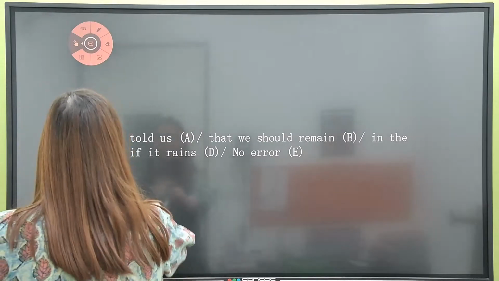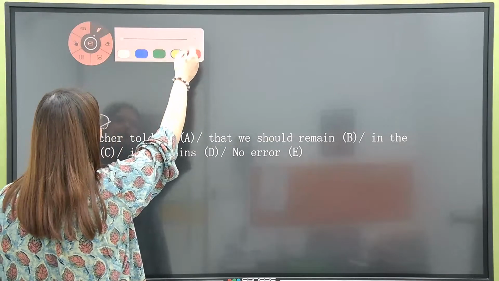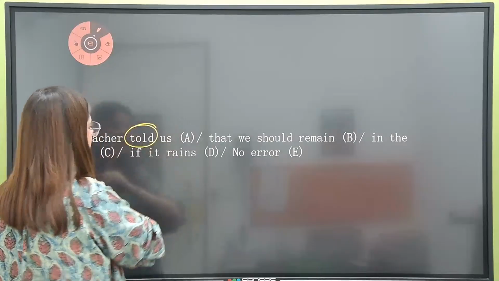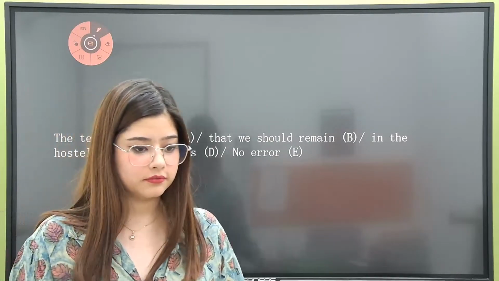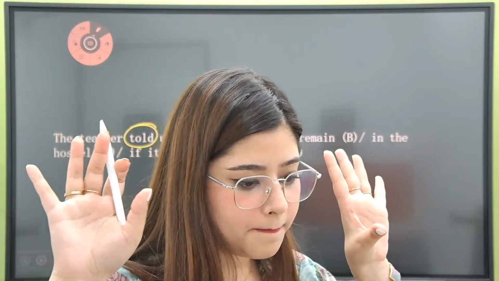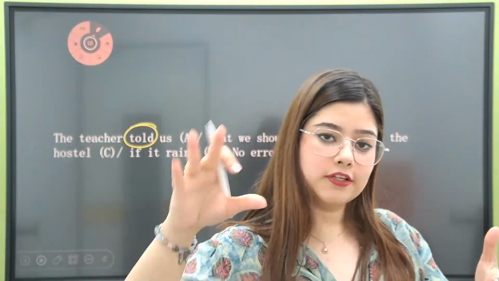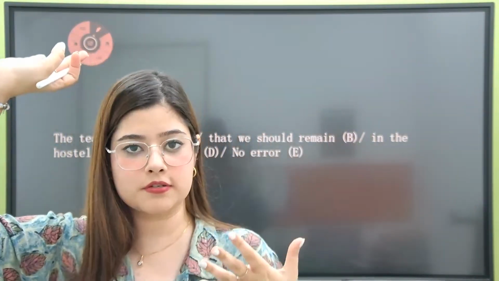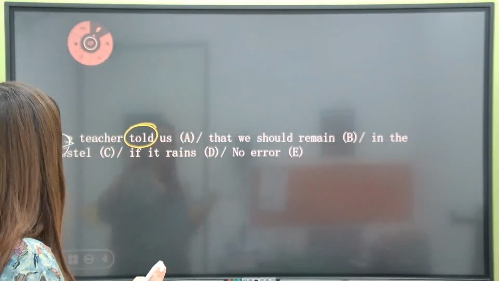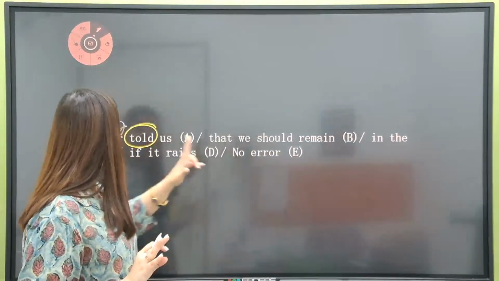The teacher told us, past. You're talking about a past event. The teacher is not telling you right now. The teacher told you already in the past. So the teacher told us that we should remain in the hostel.